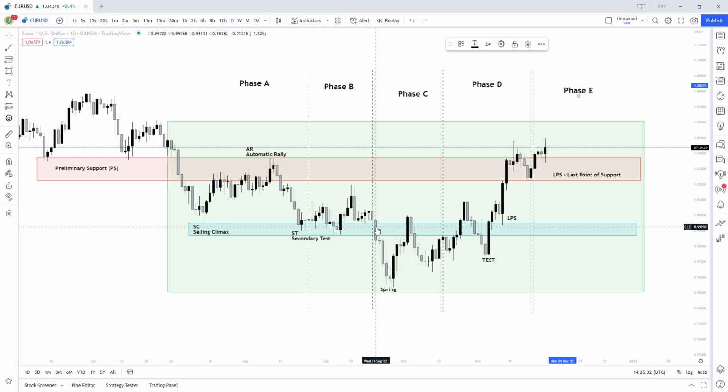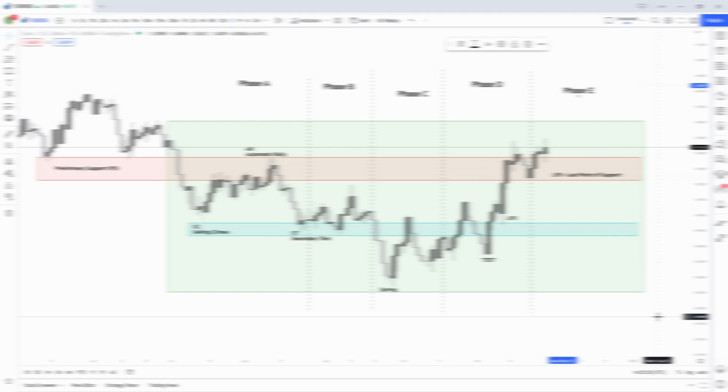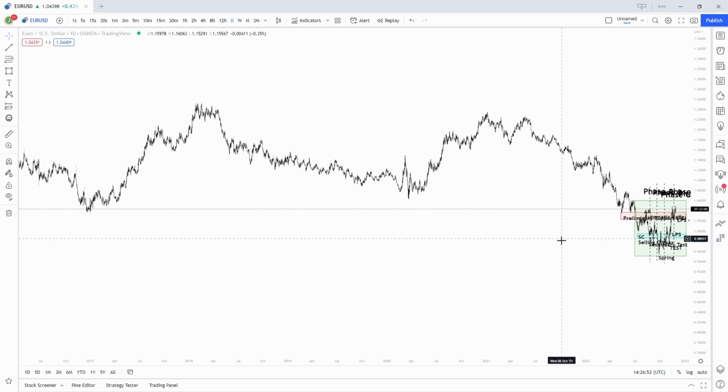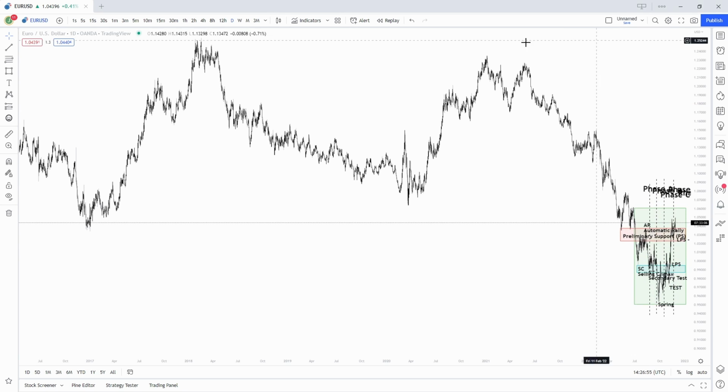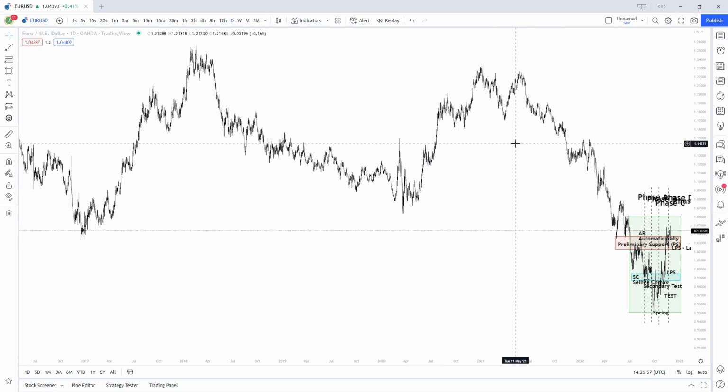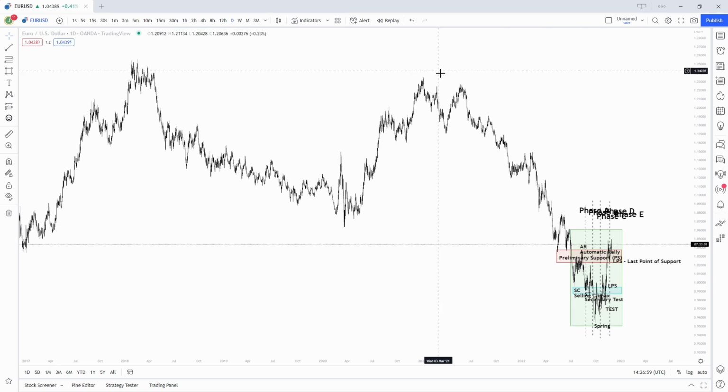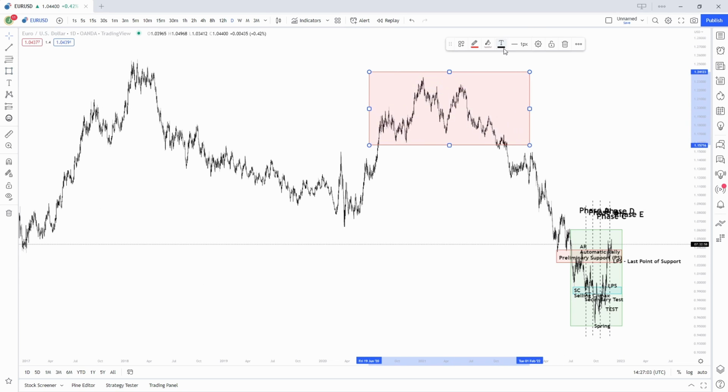So that's all the events, that's all the phases. Now it's time for us to look inside of distributions and do this exact same process. So let's zoom out and, I'm hoping this is a good example for us to use, let's just use the previous swing high we had in the market. So this entire region here, and analyze this as a distribution, in which case we can actively see a Wyckoff price cycle taking place, because now we're going to mark up and identify a distribution.